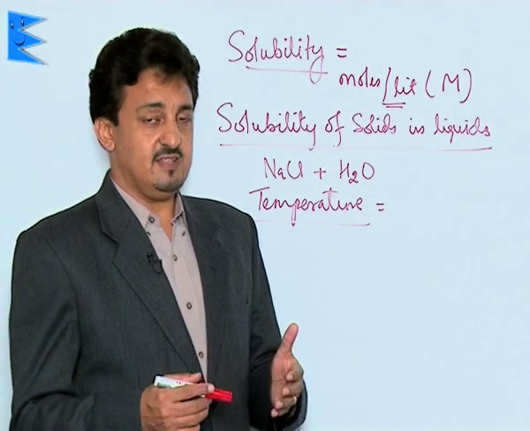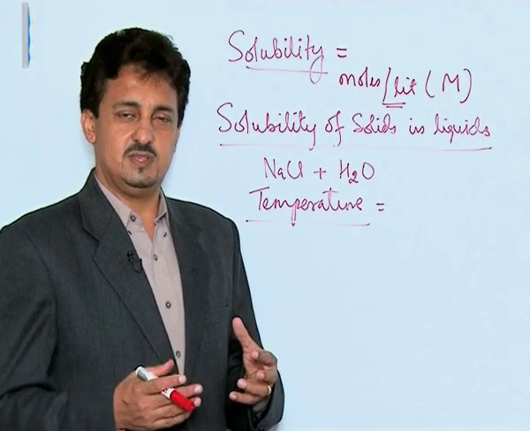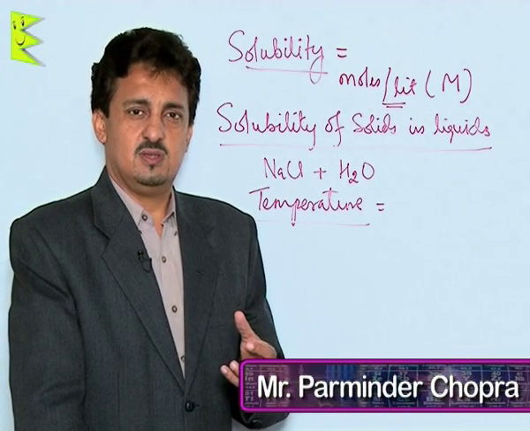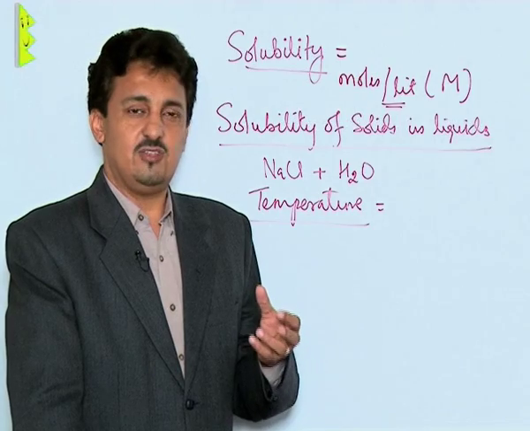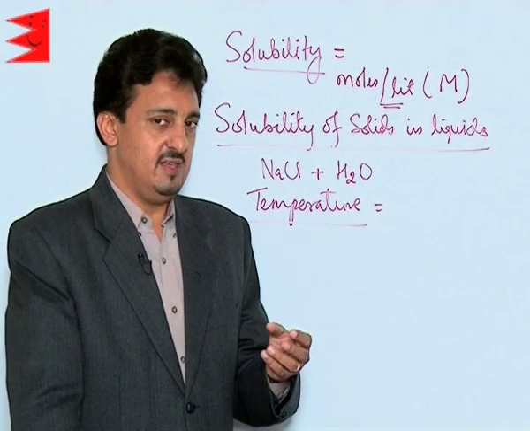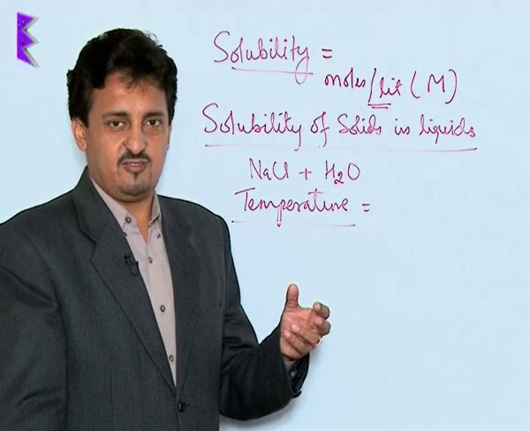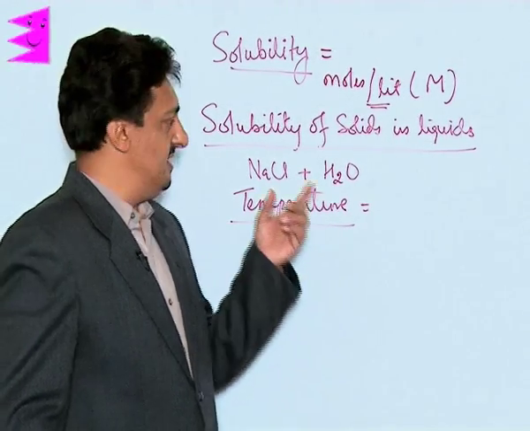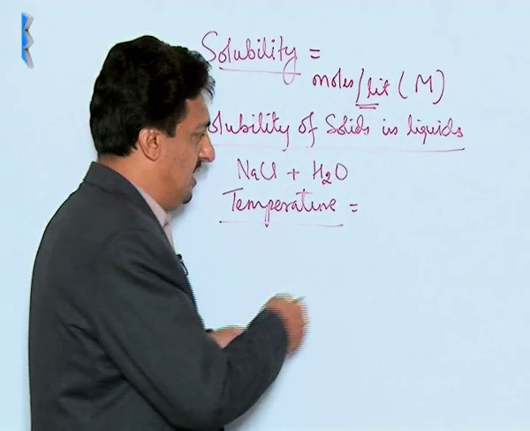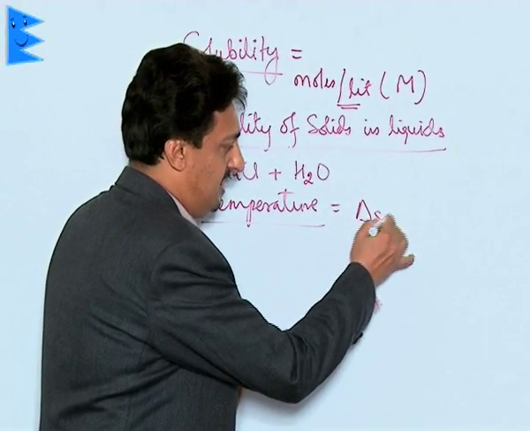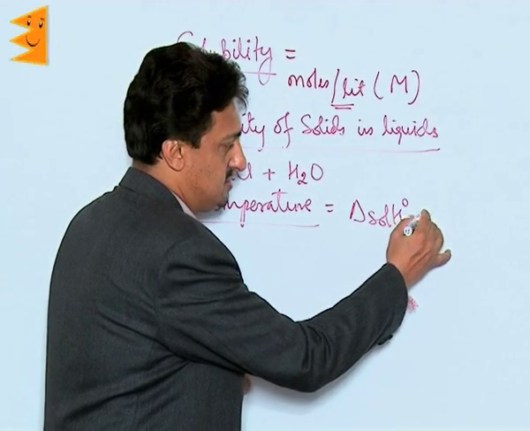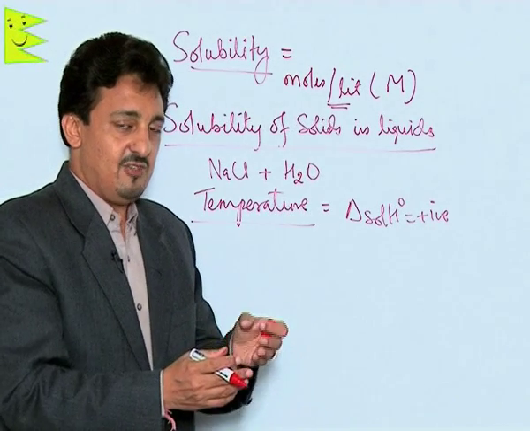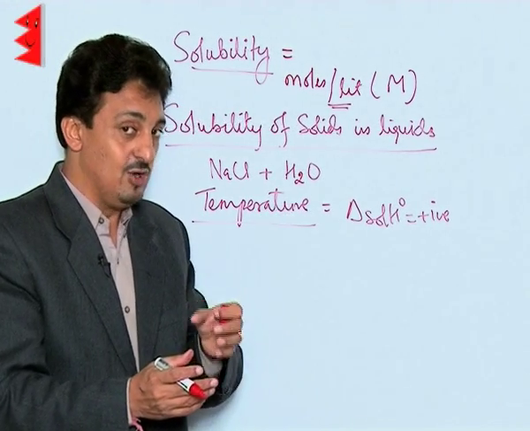Now, after understanding how the nature of the solvent decides the solubility of solutes in the solution, and knowing the importance of hydrogen bonding, let us move to the next factor which affects the solubility of solutes in liquid solutions. It is the temperature. We know if the enthalpy of solution is positive, it means the process of dissolving that solid solute in the solution is endothermic.